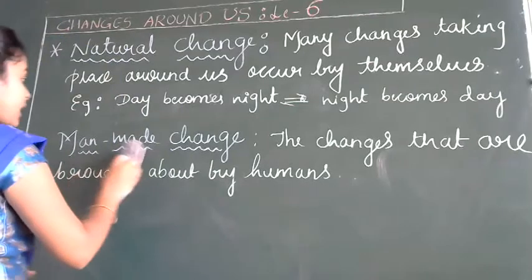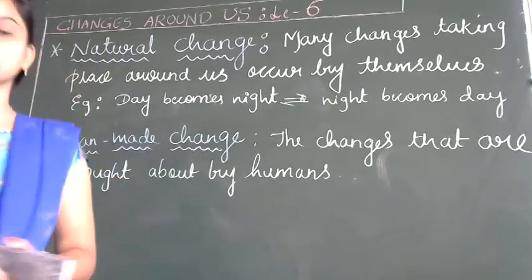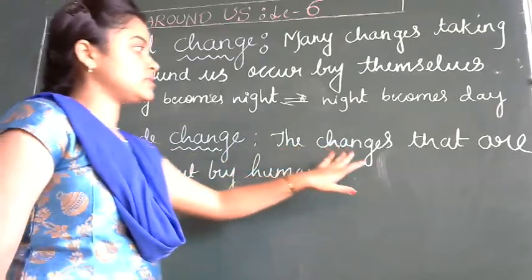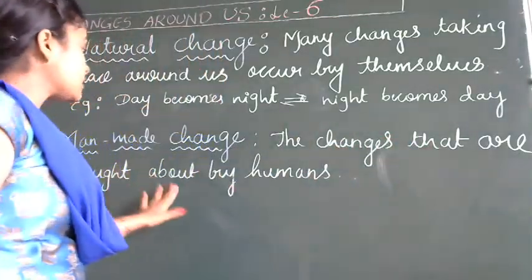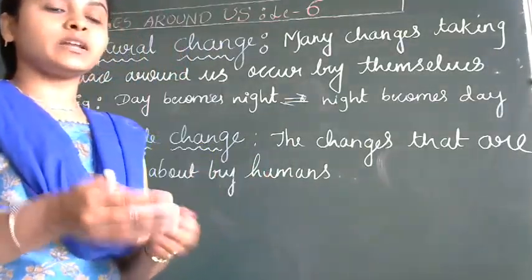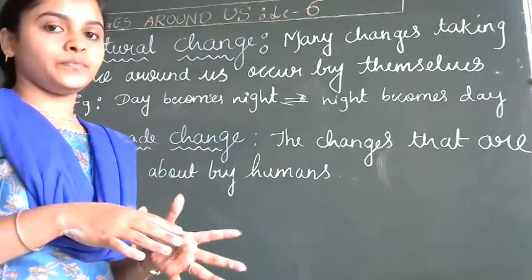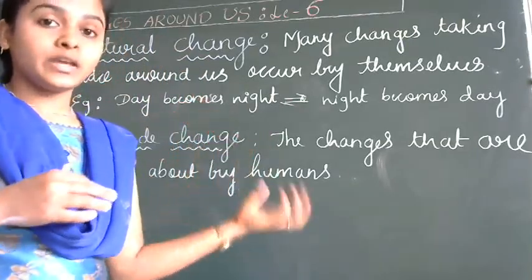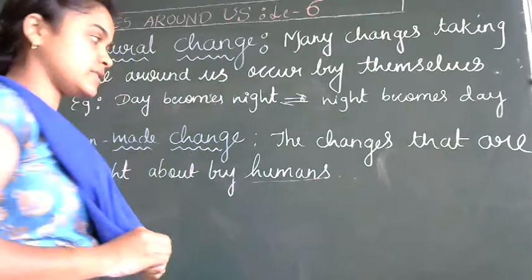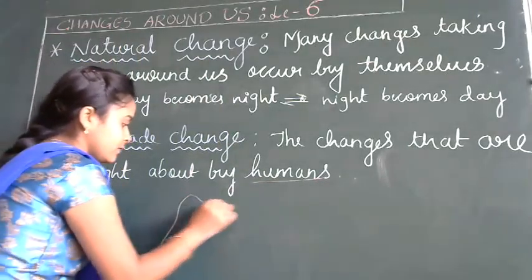Now we will see what is man-made change. Here you can see the definition of man-made change. Man-made changes are the changes that are brought about by humans. So here we are changing the material from one form to another form. And for making these changes, who is required? Humans. Right? For example, here I take one fabric.